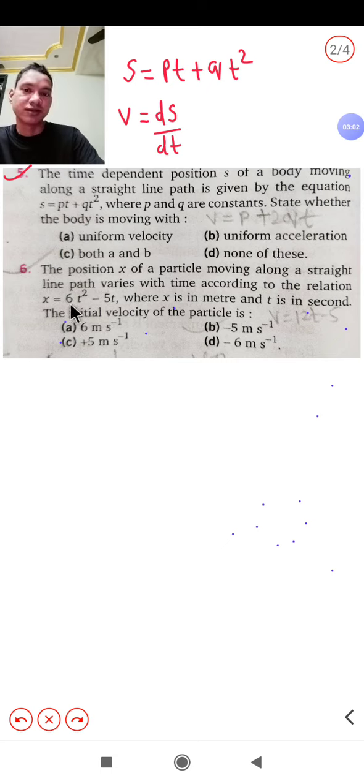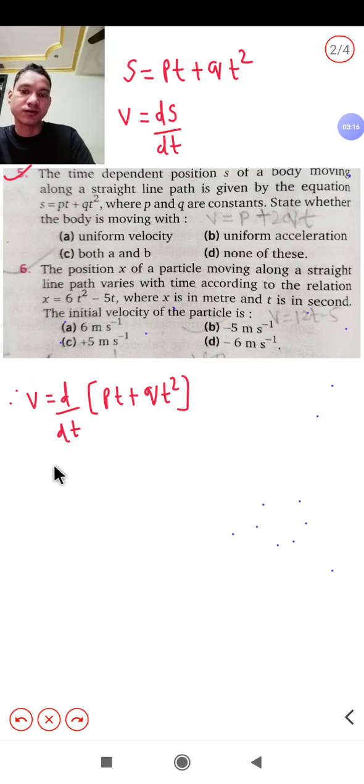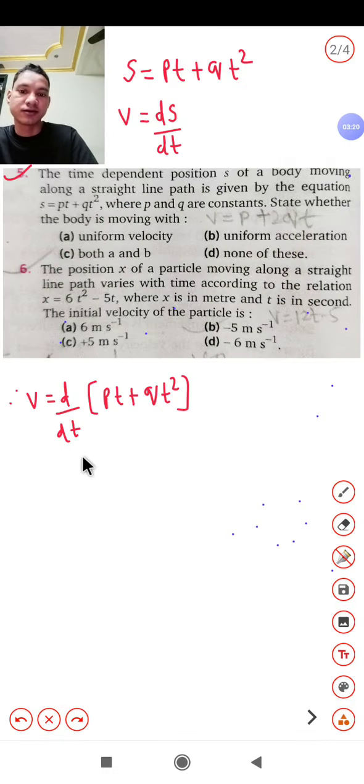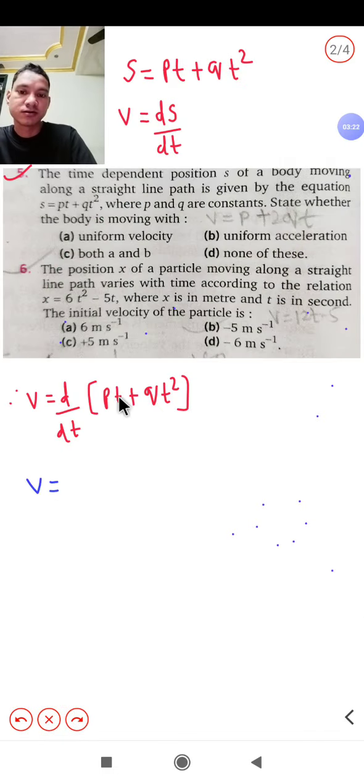So let's find out the velocity first. Let me differentiate this equation with respect to time. pt plus qt square. Alright, so now here the constant term, we take it out. p is constant here, so let's differentiate t with respect to time.